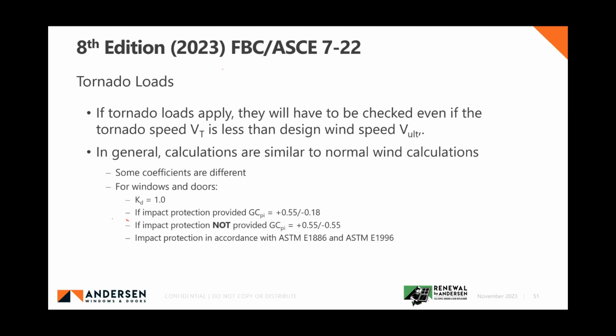So even if your tornado speed is, let's say, 70 miles per hour, and your hurricane wind speed is 120 miles per hour, there's still the possibility that the tornado loads could govern for some conditions. And you have to design for the worst case.